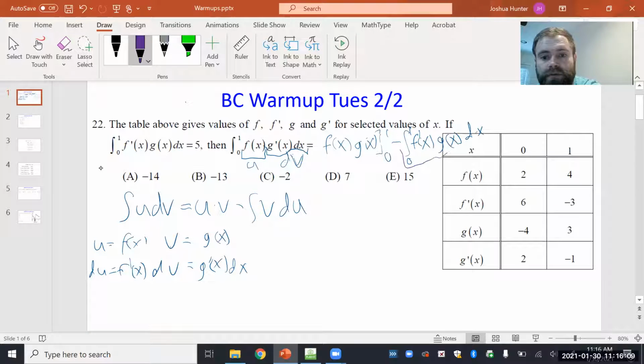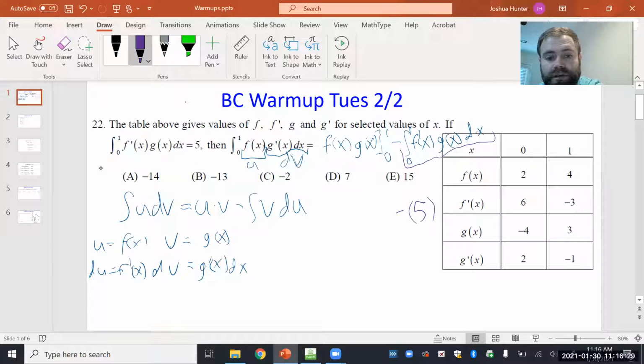This entire integral, the integral from 0 to 1 of f prime g, they told us is 5. Awesome, we know that piece. And then the f g part is already an antiderivative that we now just need to evaluate at the upper and lower limits of 1 and 0.